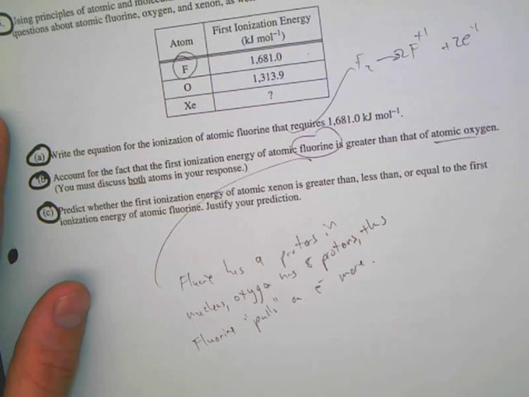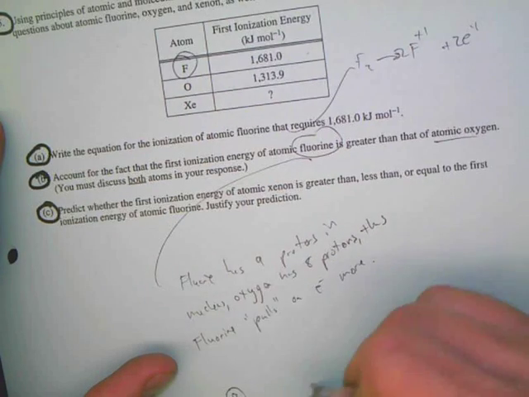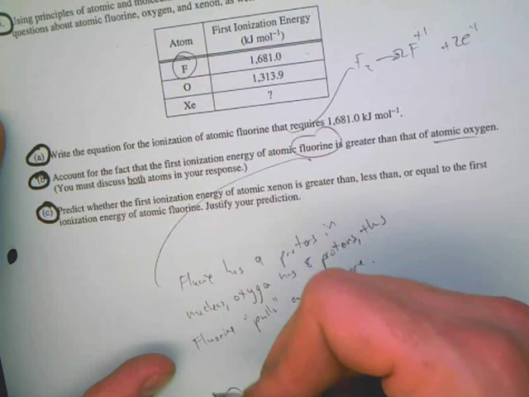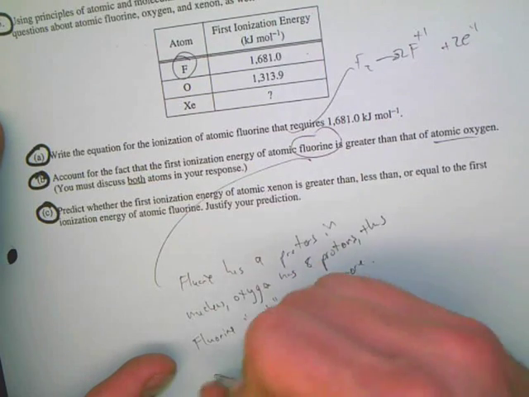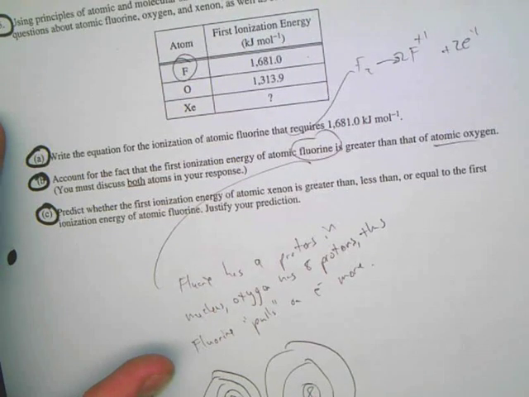All right, you couldn't see me writing that. So fluorine has 9 protons in the nucleus. Oxygen has 8 protons. We could think of 9 and 8. So fluorine has 2 energy levels. Those are closer than oxygen's, which are farther away. All right, guys.